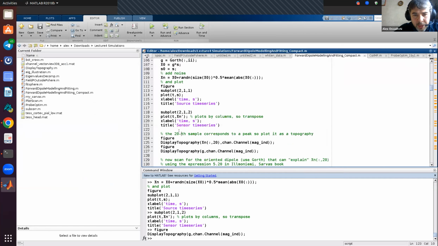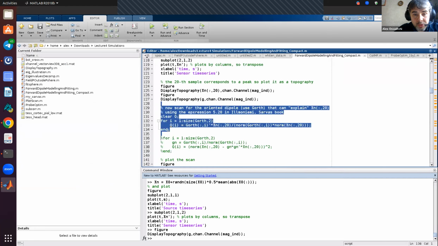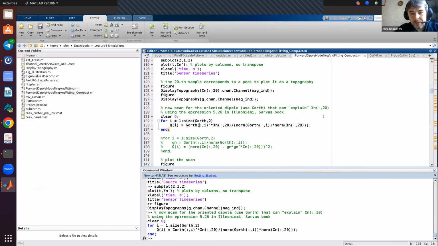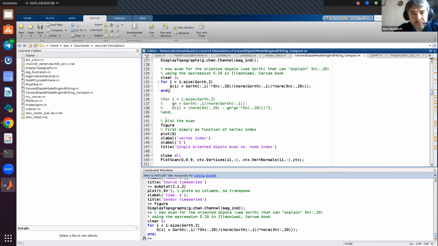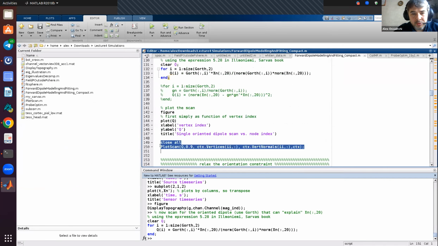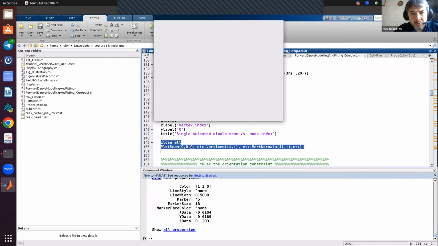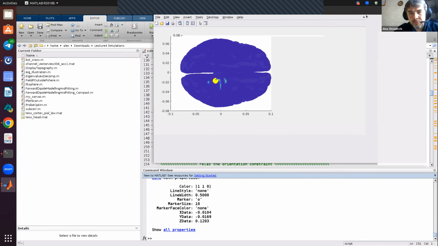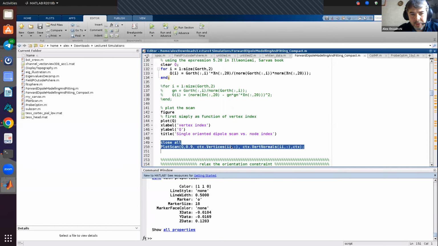That's your data, and then you search for the source. We did it already, you scan. You take each model vector and compute the cosine between X and your model vector for each location in the cortex. So you scan through the cortex and plot the scan. It's not very beautiful, but this is how it is.